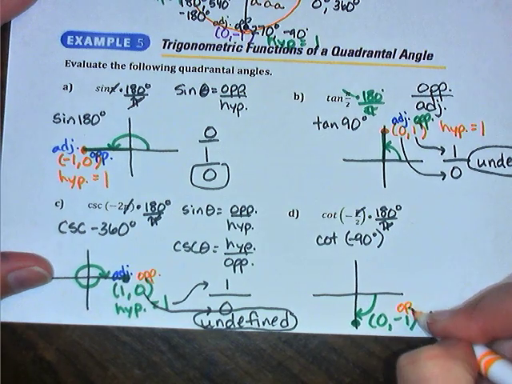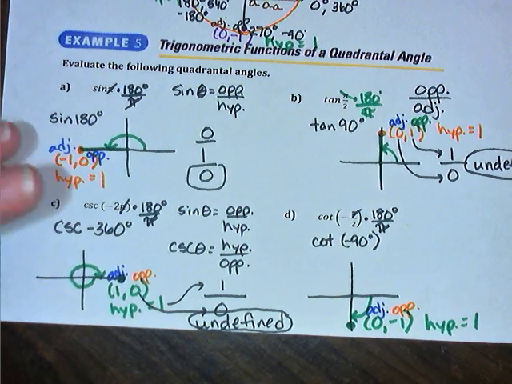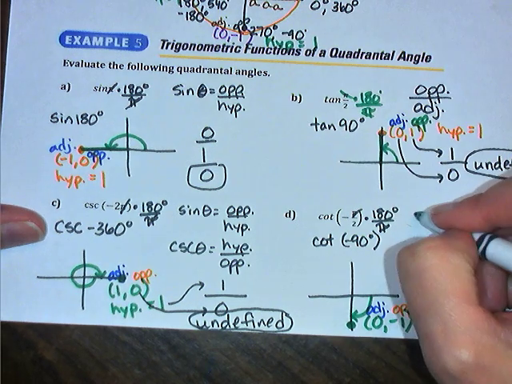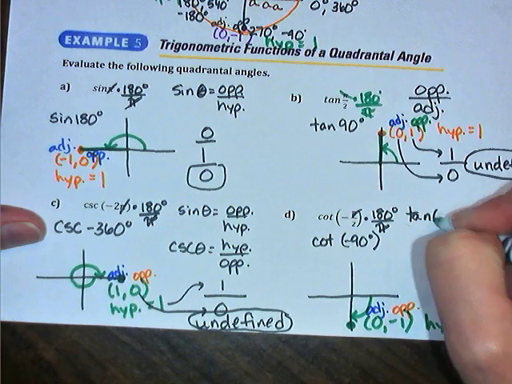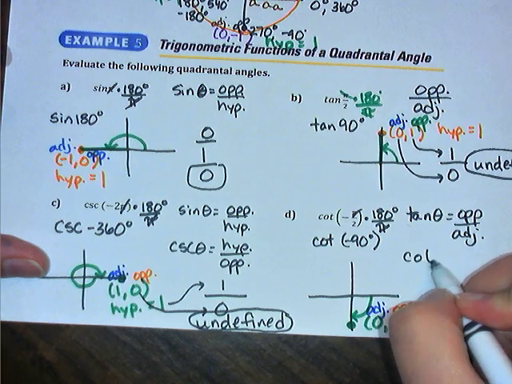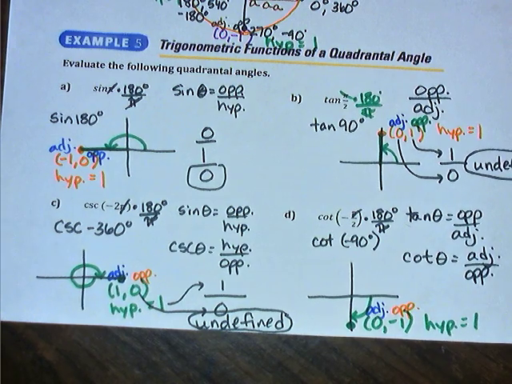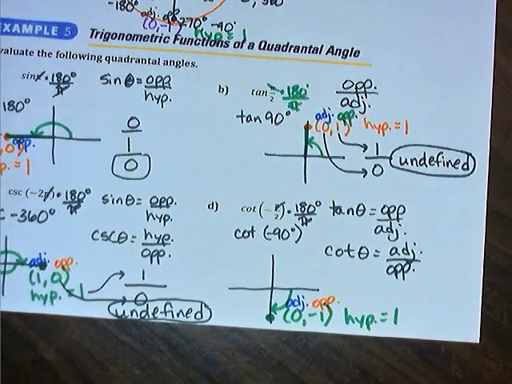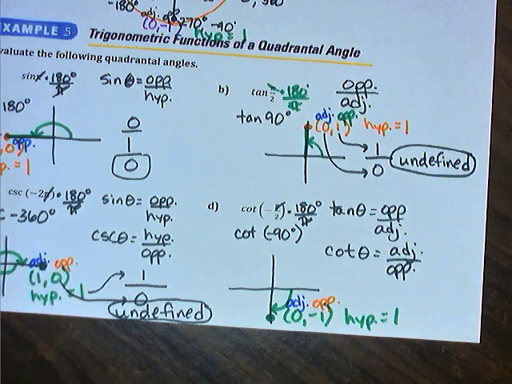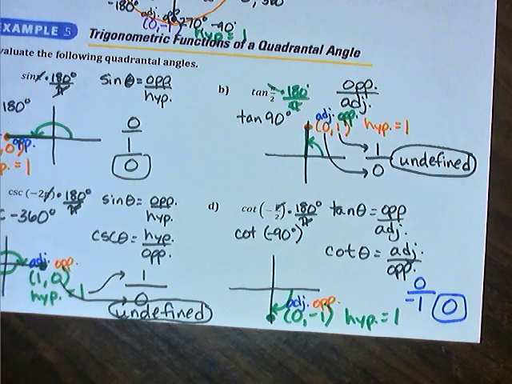Opposite, y value. Adjacent, x value. Cotangent is the reciprocal of tangent. So if tangent is opposite over adjacent, then cotangent is adjacent over opposite. So then we're going to put 0 over negative 1, which is 0.